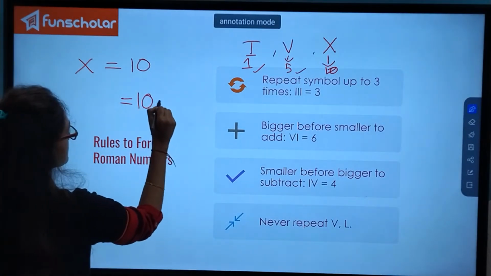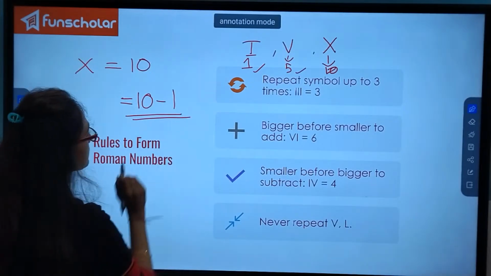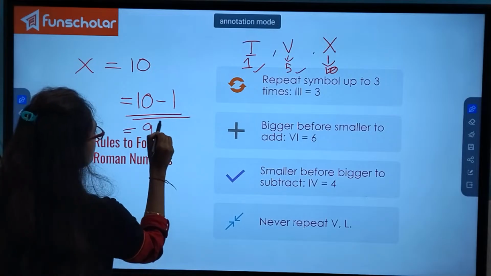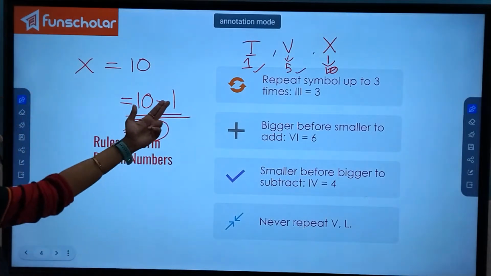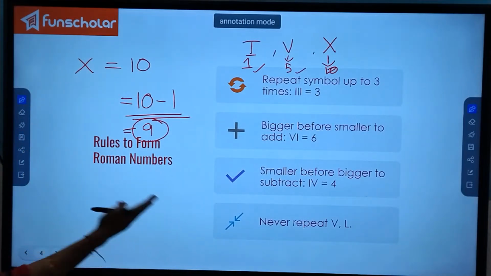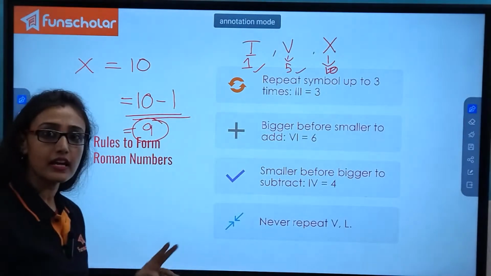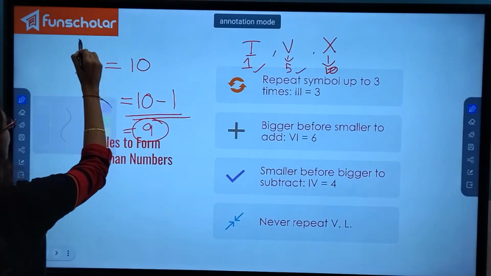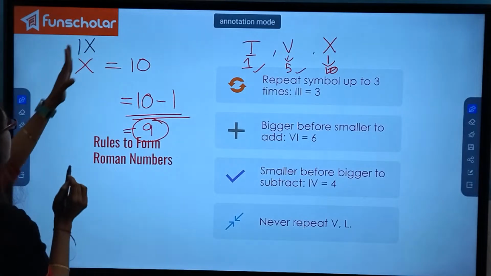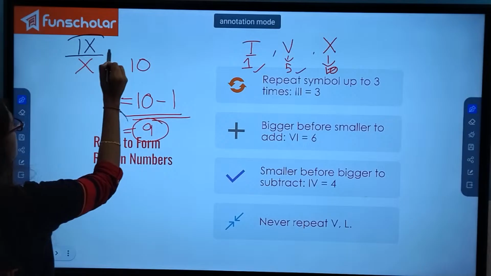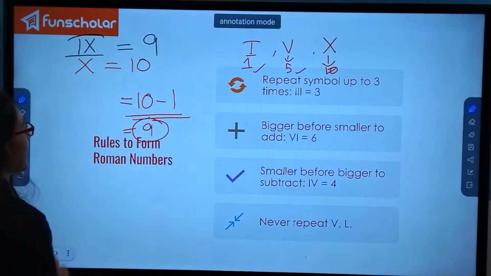From 10, we will subtract 1, right? We'll subtract 1. Then 9 will come. And rule of subtraction says what? You have to put the smaller number to the which side? Right side? No ma'am, not on the right side. Then which side? Obviously in the left side. So how will you write 9? 10 minus 1 equal to 9. That is, this is representing 9.